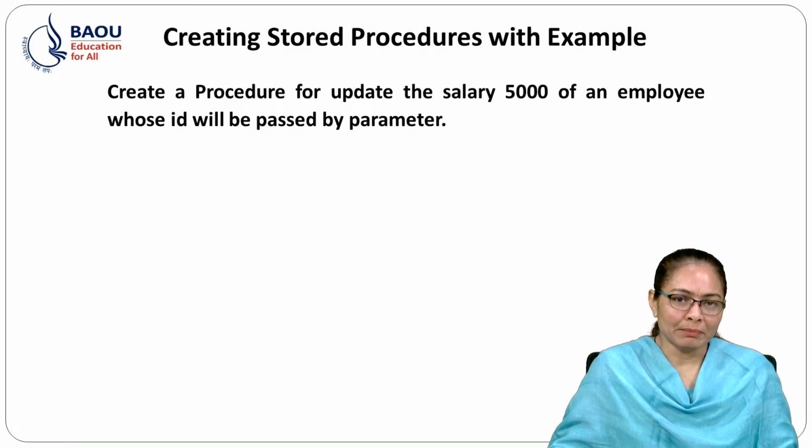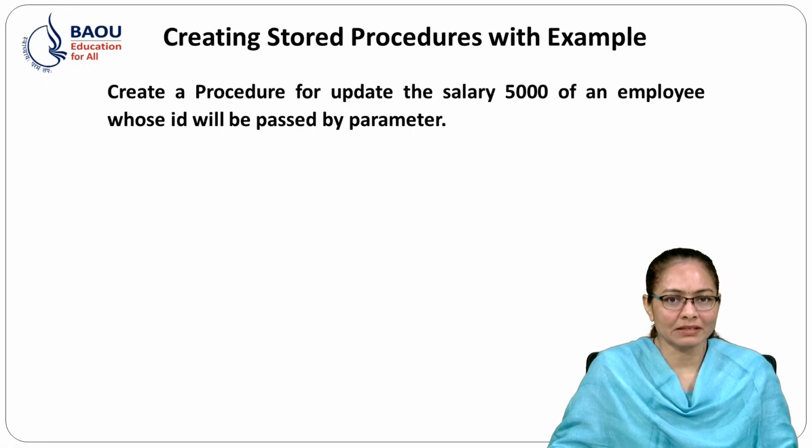After creating the employee table, insert a few records in it. Now we will create a procedure to update the salary of the employee whose ID is passed by the parameter. It means the procedure will update the salary of the employee whose employee ID is passed by the user.